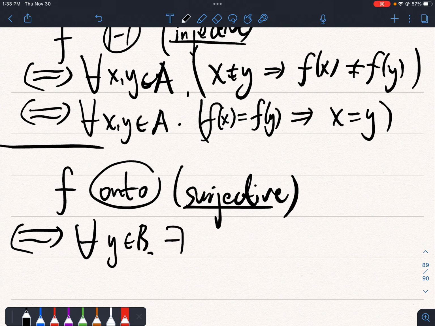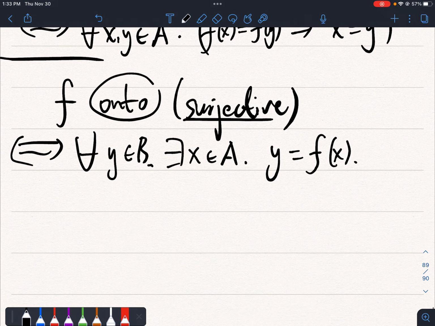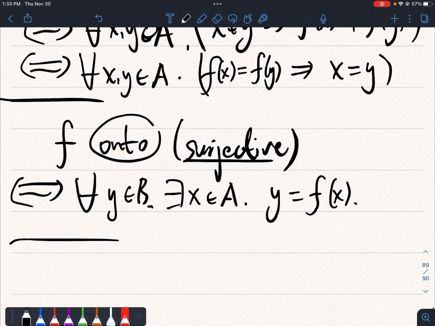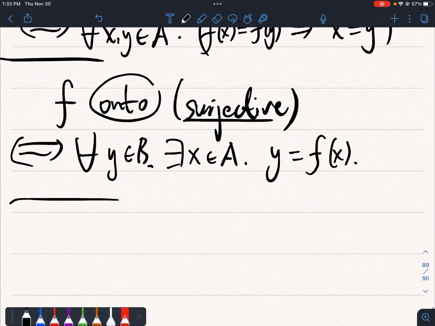This means, for a function from A to B, where B is a codomain and A is a domain, for all y in B, we can find at least some point x in A such that y is mapped by x, or x is mapped to y. So this is a surjective map.